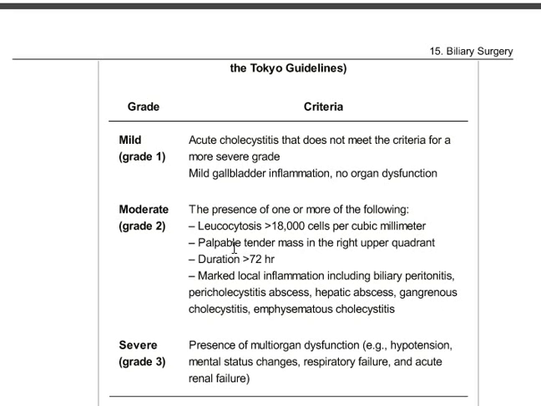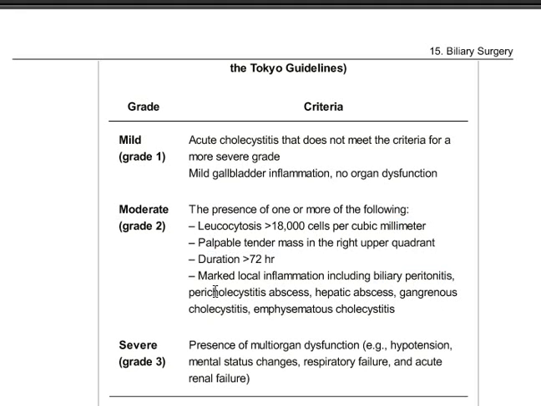The second thing is, if you palpate a tender mass in the right upper quadrant, then you say, oh, this is a moderate acute cholecystitis. If the pain duration is more than 72 hours, then this is again a moderate cholecystitis. So white blood cells, mass in the right upper quadrant, duration above 72 hours.